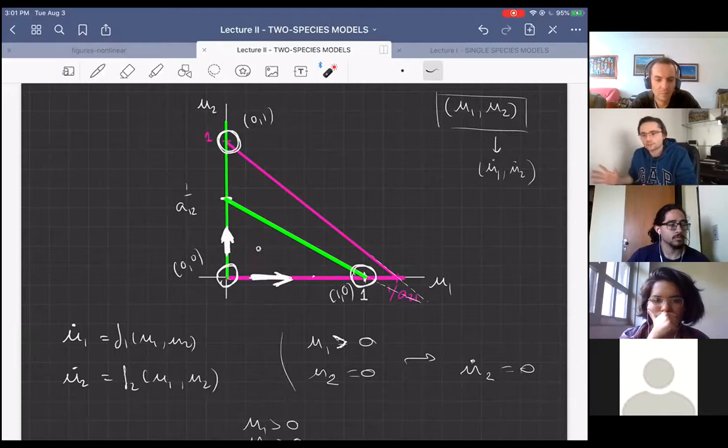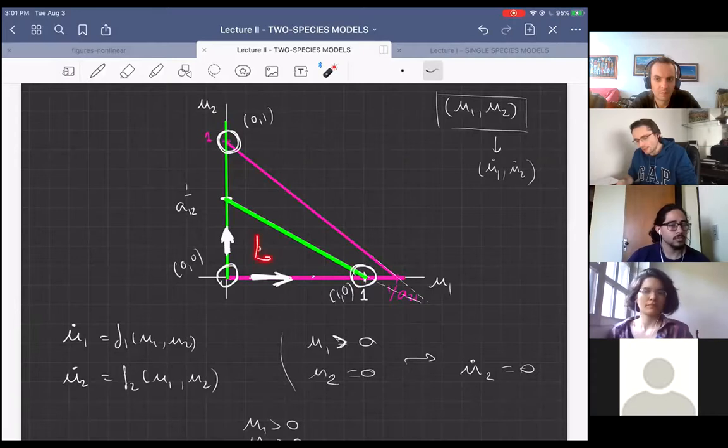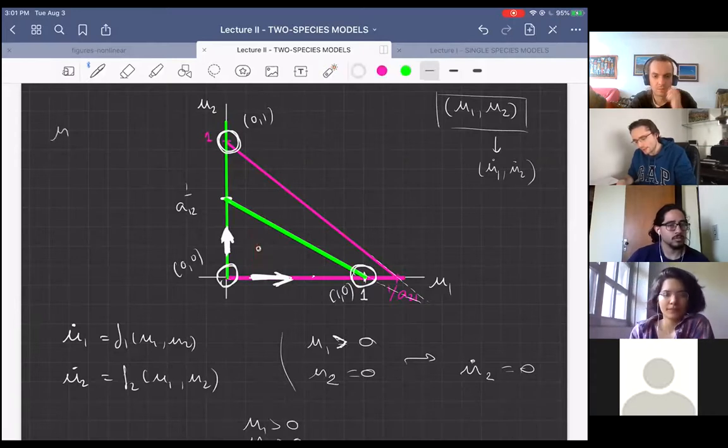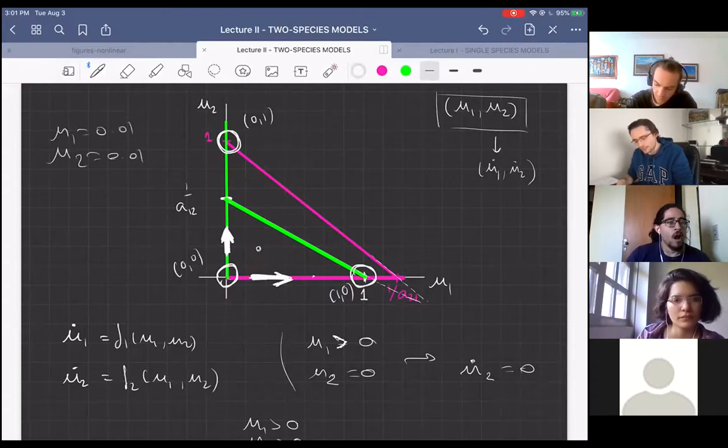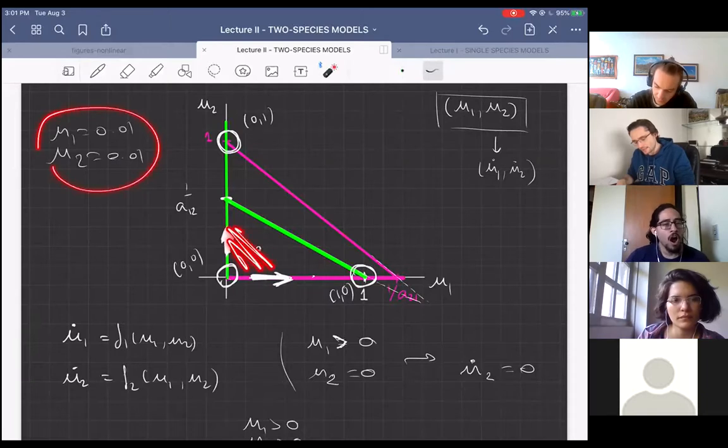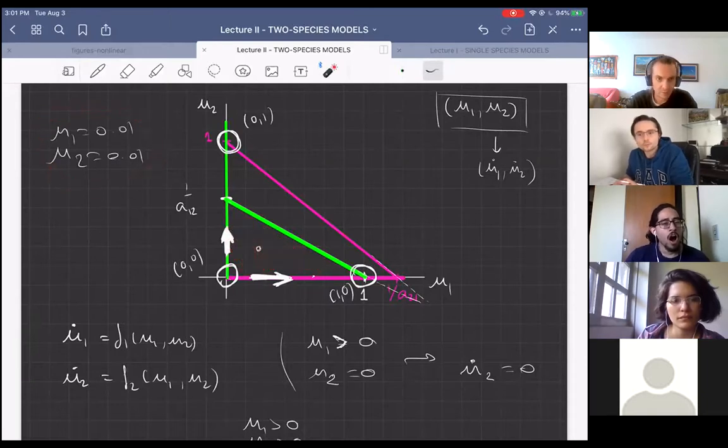How would you do that? If I tell you, what is the value of these derivatives when U1 is equal to 0.01 and U2 is equal to 0.01? Supposing, again, that this point lies in this triangle here. What would you do? If you don't follow this geometric argument, how would you attack the problem?